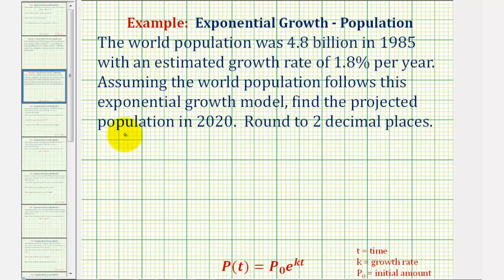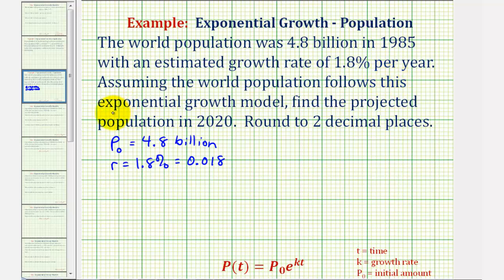So looking at the given information, the starting population would be 4.8 billion, so P sub 0 equals 4.8 billion. The annual growth rate is 1.8%, so k equals 1.8%, which must be expressed as a decimal, which would be 0.018.